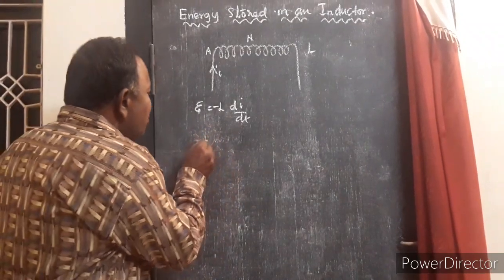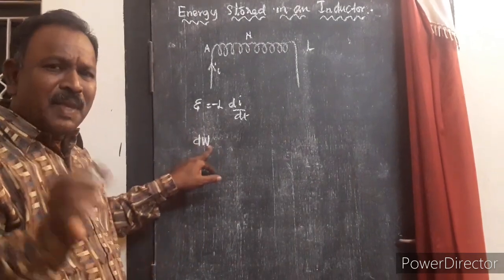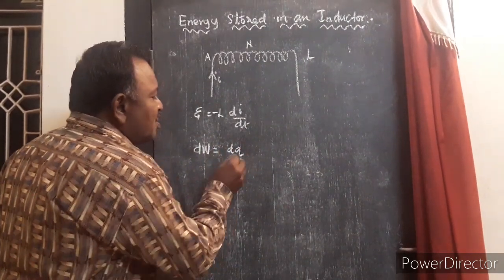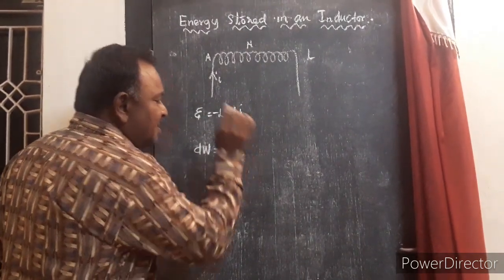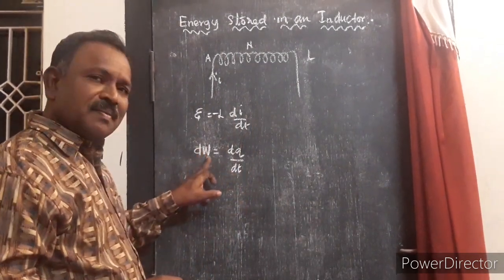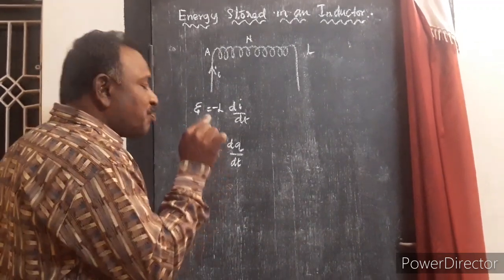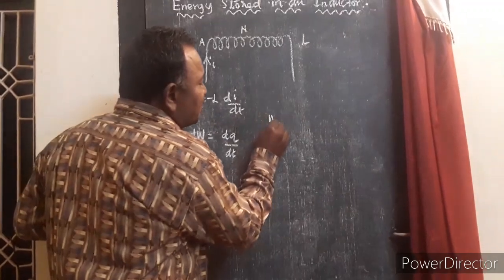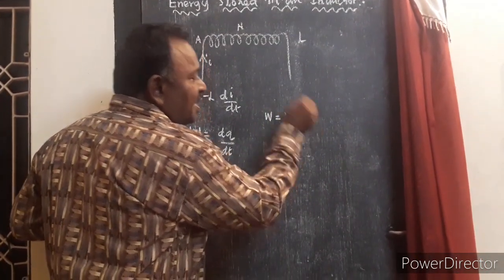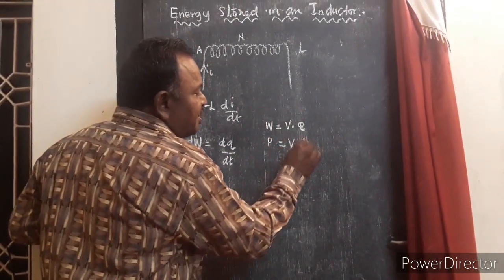Let dW be the small amount of work done in moving dq charge through a small distance in a time dt. Work done is the product of potential and charge, and power is equal to potential into current.